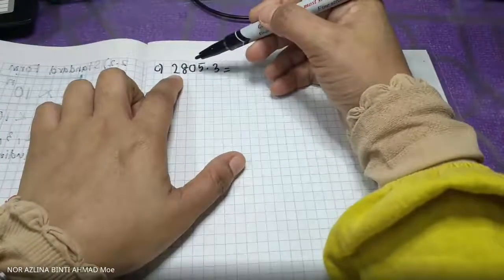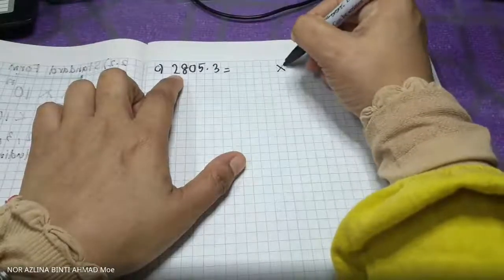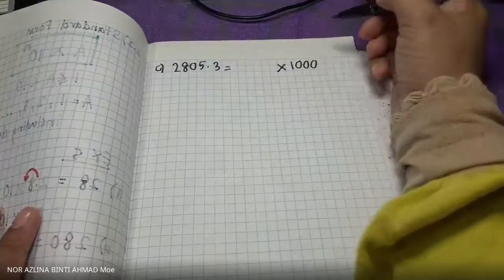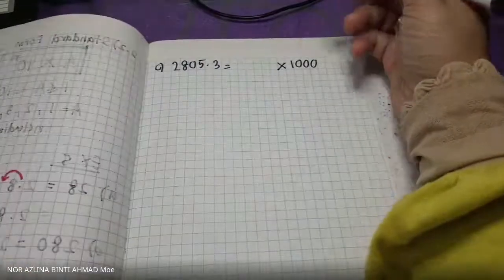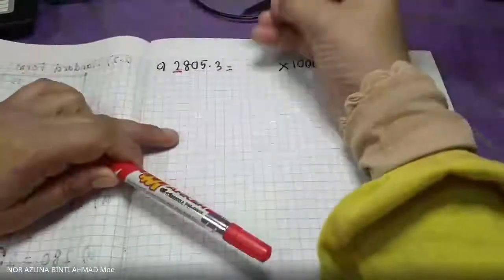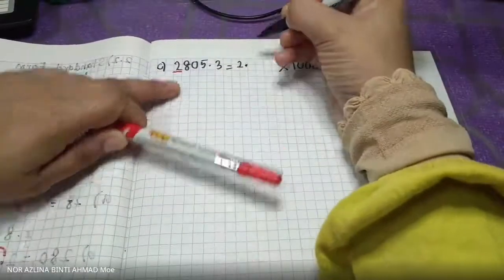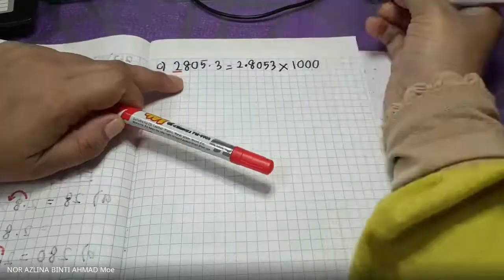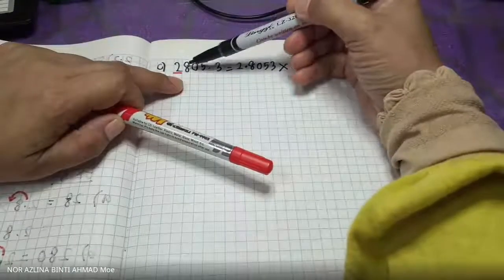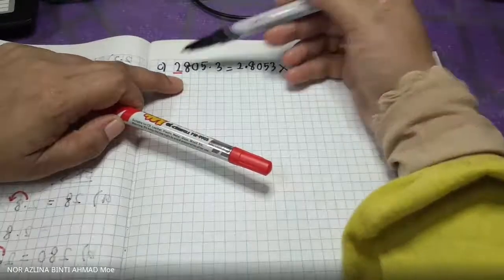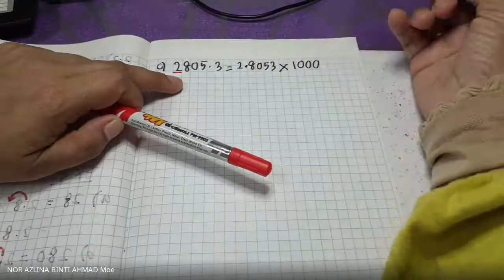So this is 1000. So we know we multiply by 1000. Okay, because the place value of 2 is 1000. So A is 2.8053. The number after 2 we copy 8053, but the decimal is after 2.